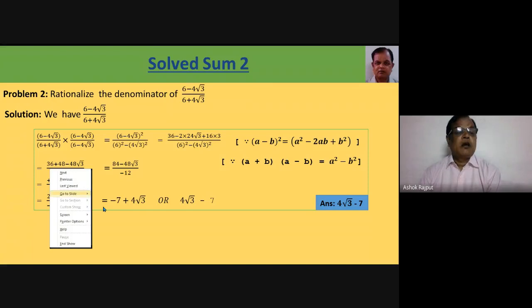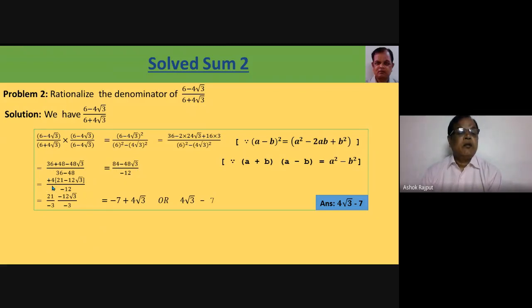and minus 48 root 3, then 36 plus 48 is 84, minus 48 root 3, by minus 12. As we see here, we can take 4 common from these two terms.